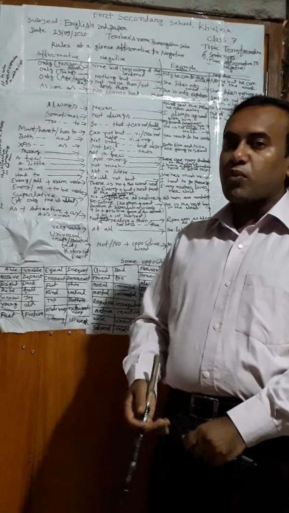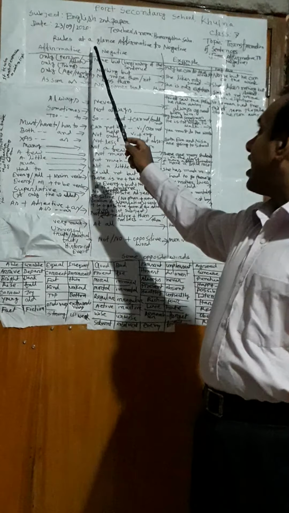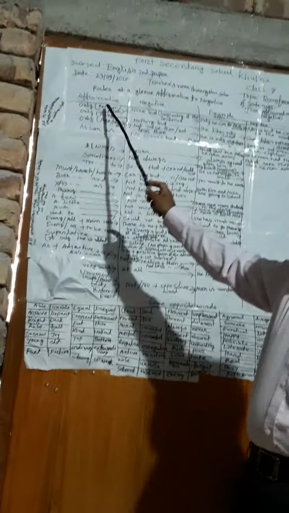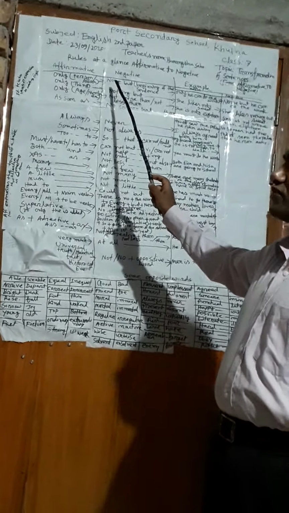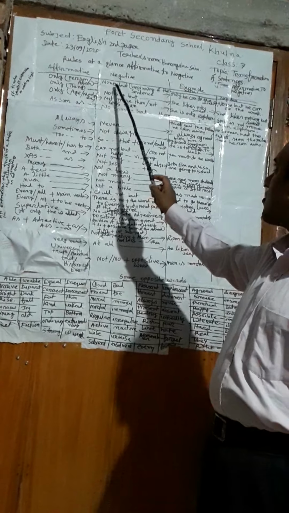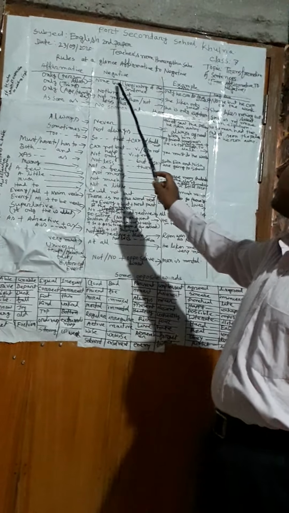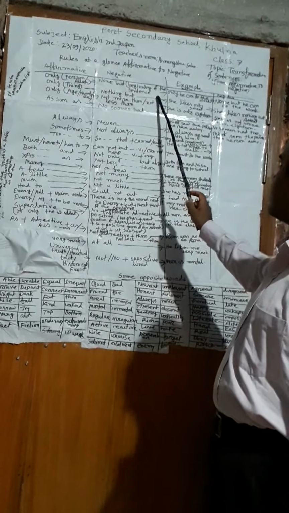So look at the board. Rules at a glance: affirmative to negative. Affirmative, only for person: you have to use none but while transforming it into a negative one, from the very beginning of the sentence.